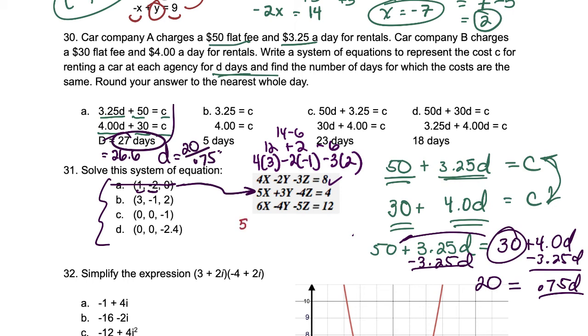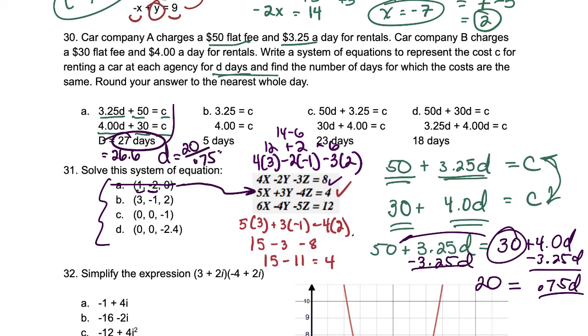We got 5 times 3 plus 3 times -1 minus 4 times z, which is 2. Does this equal 4? 15 minus 3 minus 8. That's 15 minus 11. 15 minus 11 is 4, so it checks in the second one.